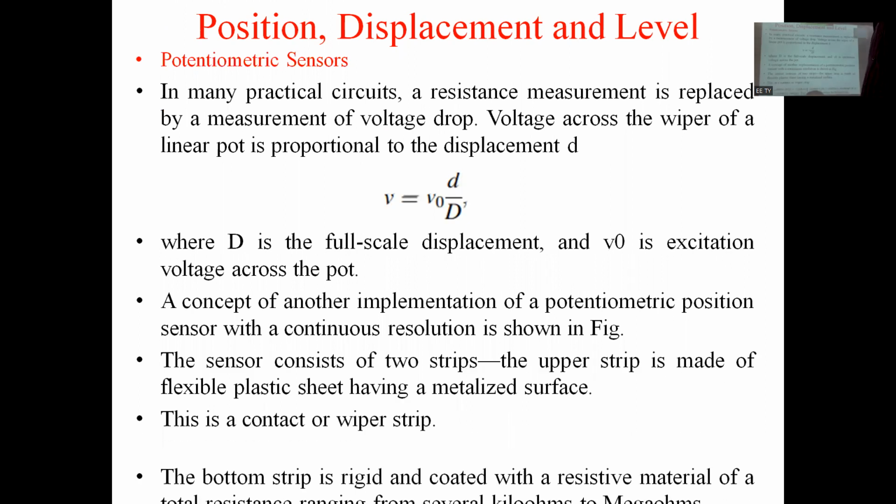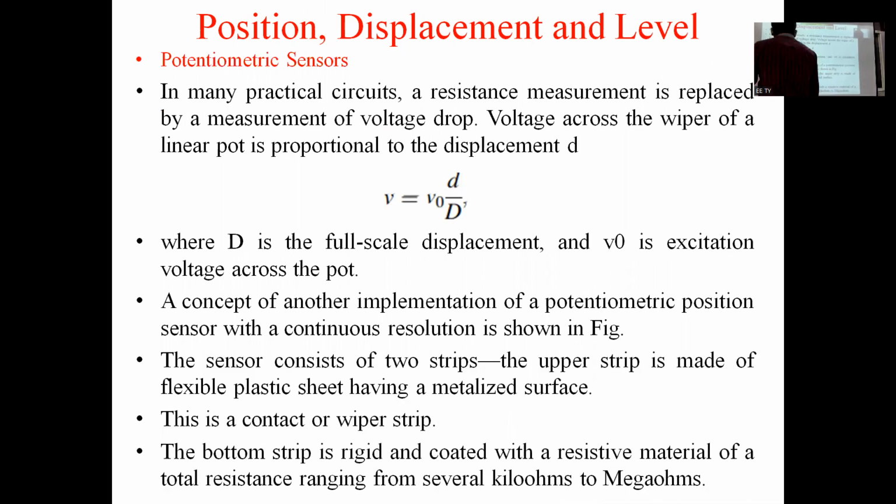See the equation of that. In many practical circuits, resistance measurement is replaced by a measurement of voltage drop. The change in resistance is converted into a change in voltage drop across the wiper.